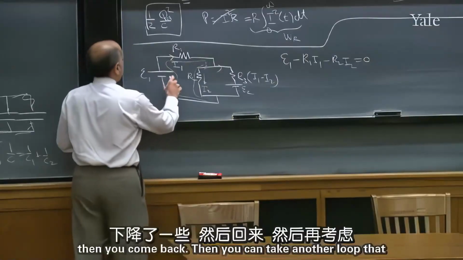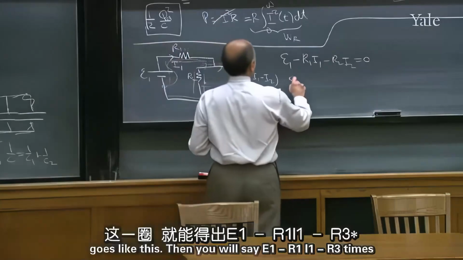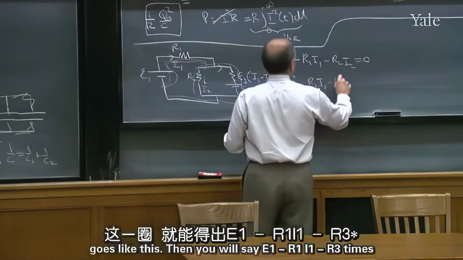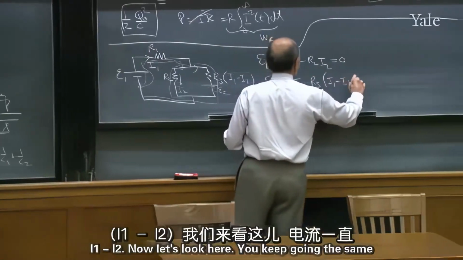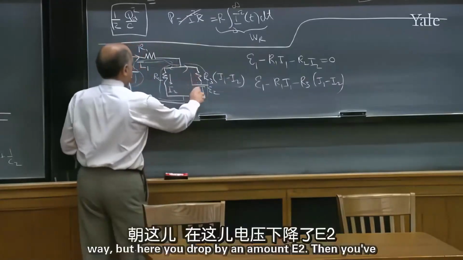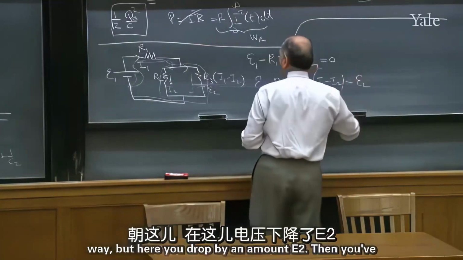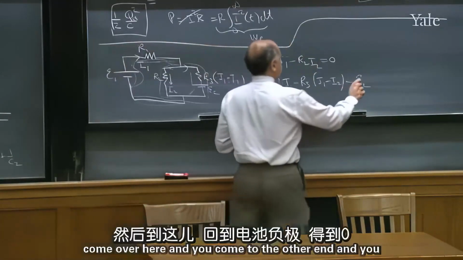Then you can take another loop that goes like this. Then you will say E1 minus R1 I1 minus R3 times (I1 minus I2). Now let's look here. You keep going the same way, but here you drop by an amount E2. Then you come over here and you go to the other end and you get 0.